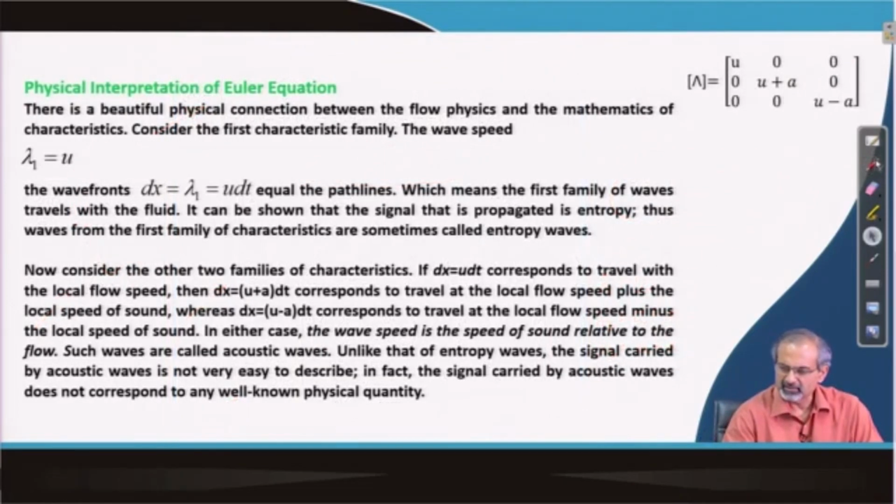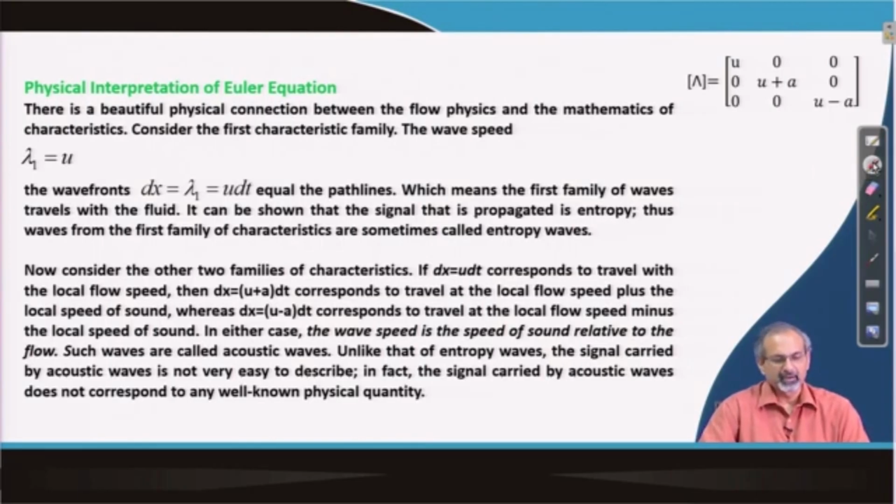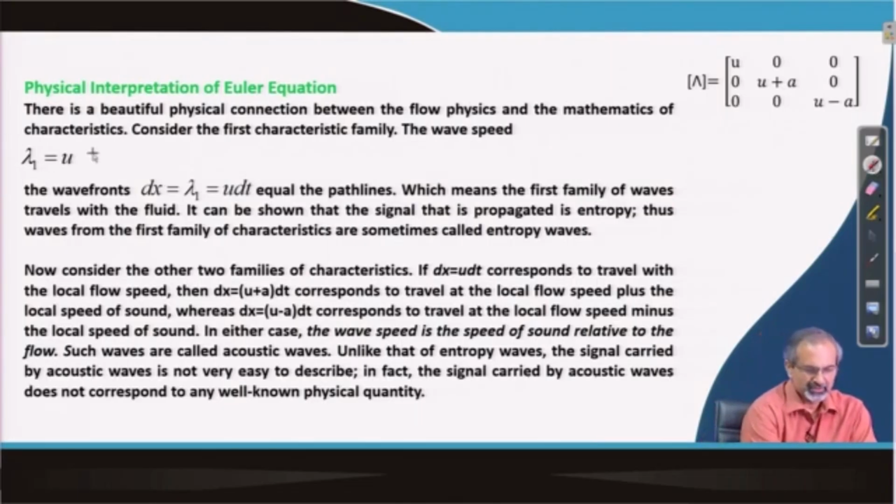So, that brings us closer to a physical interpretation of Euler equation. There is apparently a very elegant connection between the flow physics and the mathematics of characteristics. If you consider the characteristic family and take the different components into picture, the first value of lambda, the wave speed, lambda 1 is equal to u. That creates wave fronts which are defined by this equation.